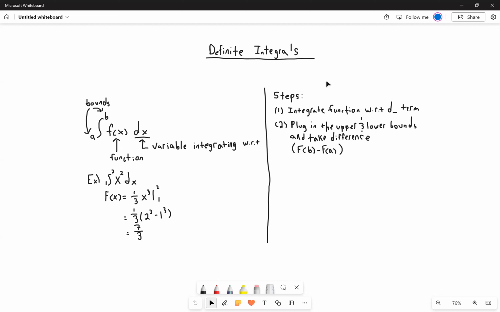And on the right-hand side here, I've kind of shown the steps to take when dealing with definite integrals. The first one is pretty much the big one. You have to integrate the function with respect to the d term, paying attention to what variable comes after the d.